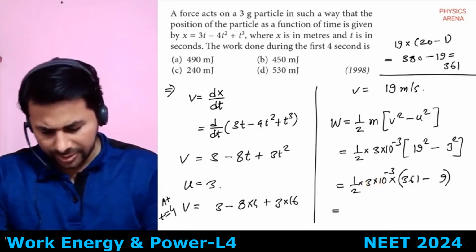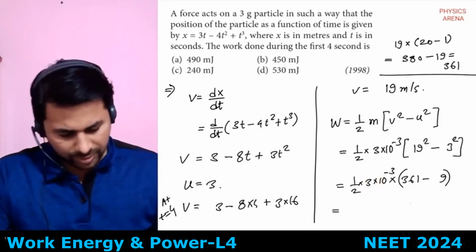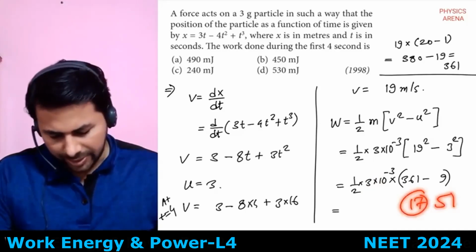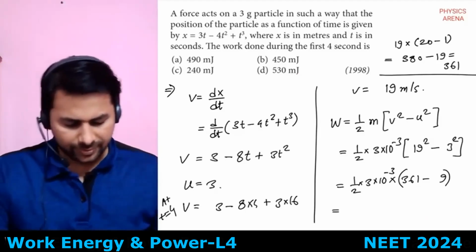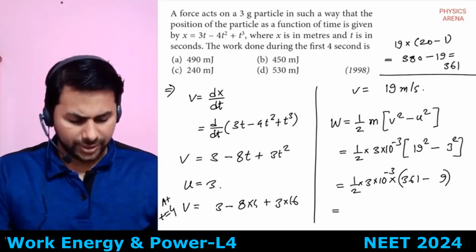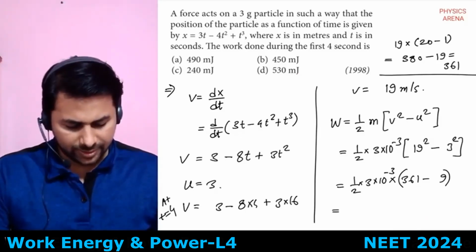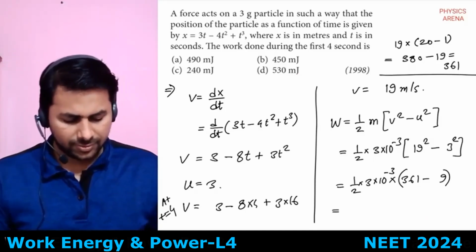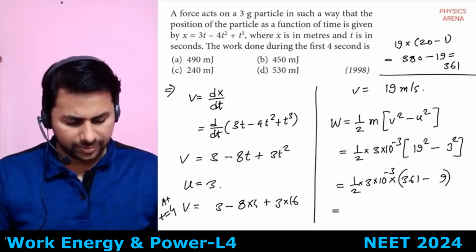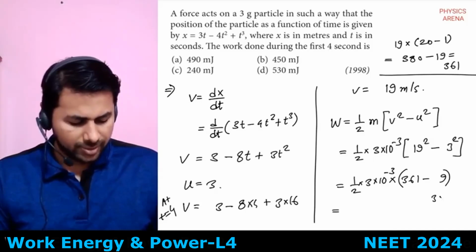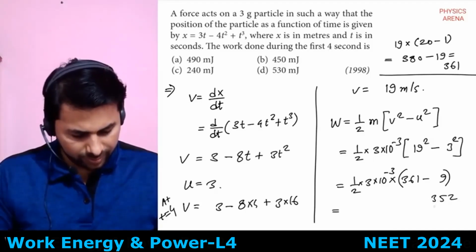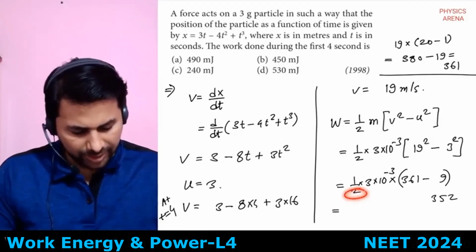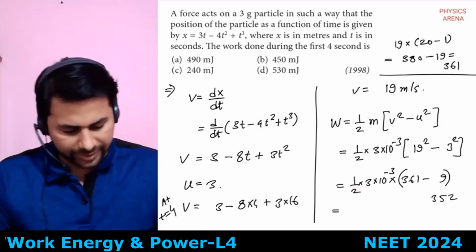How much? 17 threes are 51, 51. Okay, this will be 530, I guess. Okay, to check, is it correct? This is 352, divided by 2, which is 176.